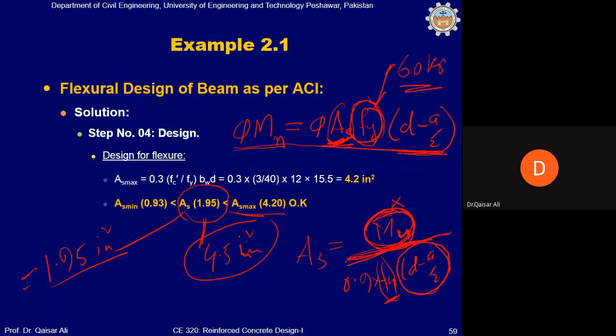Okay, prepare a table. Area of steel required is 1.95. If you use number 4 bar, how many bars are to be placed? If you use number 5 bar, how many bars are to be placed? Please calculate this and tell me. How many bars are to be placed in the case of number 4, number 5, number 6, number 7, number 8 bars?